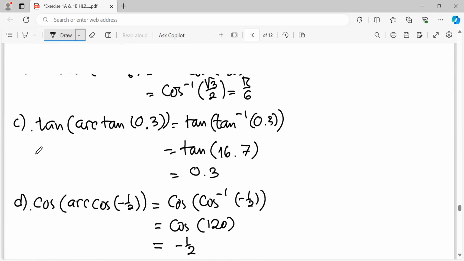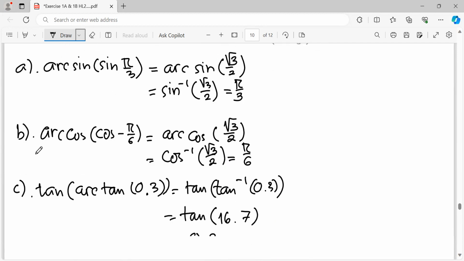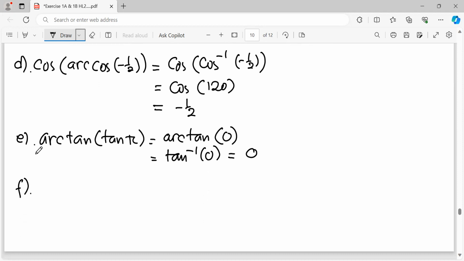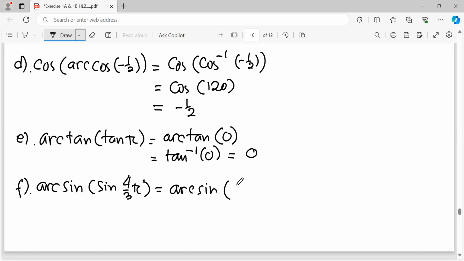F, arc sine of sine 4 third pi. It becomes arc sine of minus root 3 half.